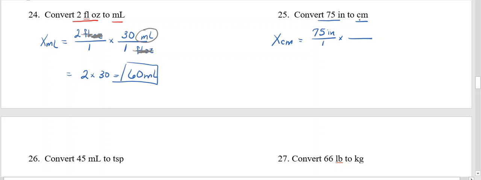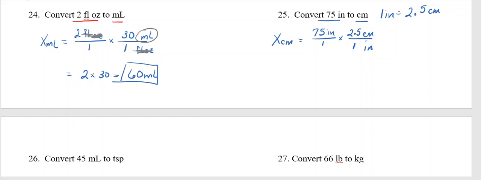Inches is on top, so inches goes on bottom, and I'm looking for centimeters. Inches is larger than centimeters, so 1 inch equals 2.5 centimeters. Whatever is smaller gets the numbers. So I have 2.5 over 1.